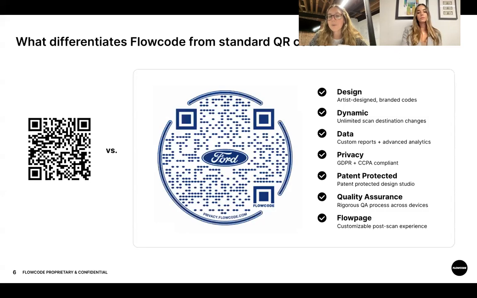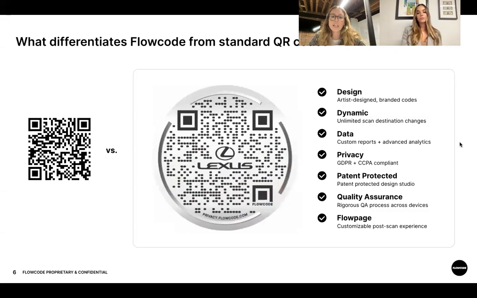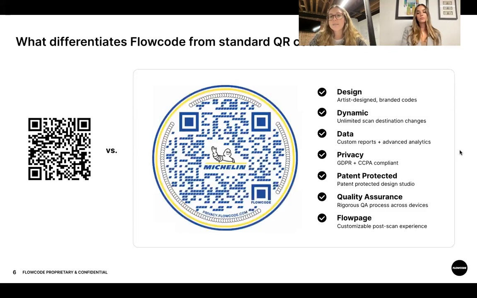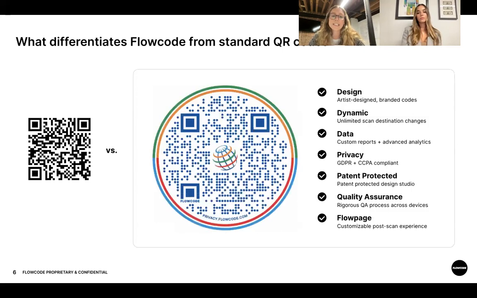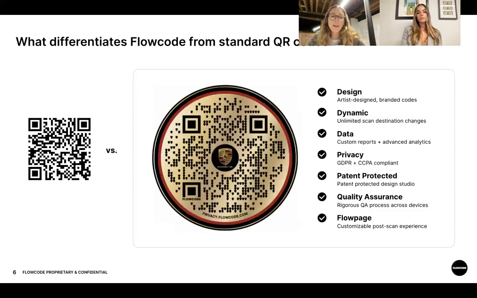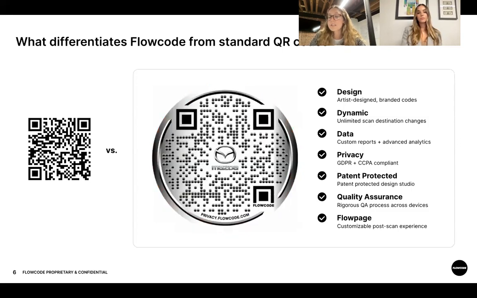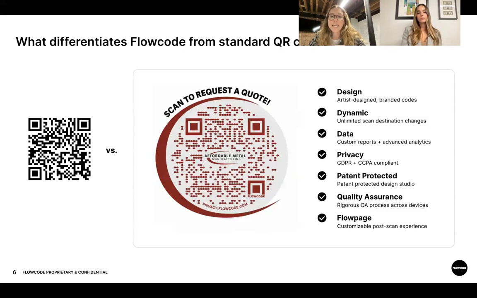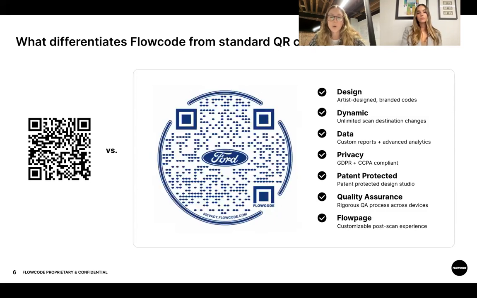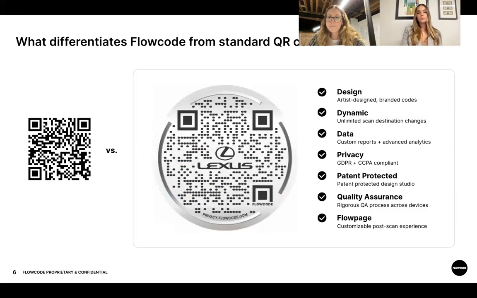So we like to say that we lead with design. As you can see, here are a few of the auto and manufacturing codes that our team has created in the past. We'll take your brand guidelines and any logos or assets that you have, and with Pro Plus, you can request one of these beautifully designed codes. But if not, you can always use our generator in the platform to create your own codes, add in your logos, and play around with the different colors if you'd like.